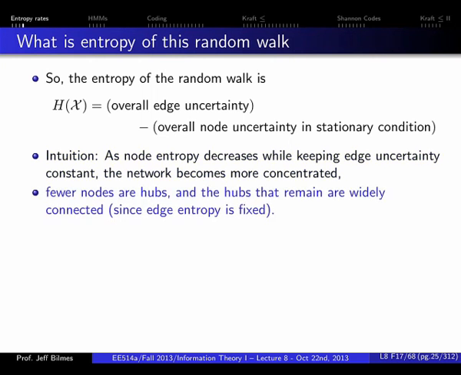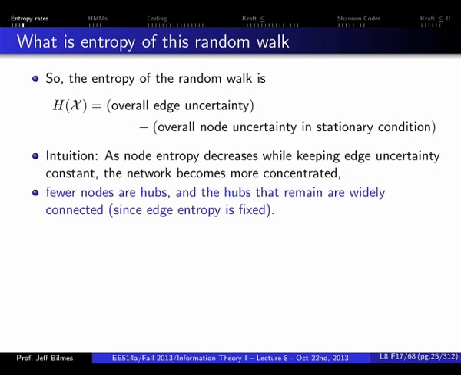When you say that the vertex concentration is increasing, meaning the entropy is decreasing, while keeping the edge uncertainty the same, what's happening is that I'm getting a small number of hubs that are going to become very likely to be revisited. So when I revisit that hub, the incidence degree of those vertices on average is going to become much, much larger, because the edge spread has to be the same. Edge spread is being fixed.